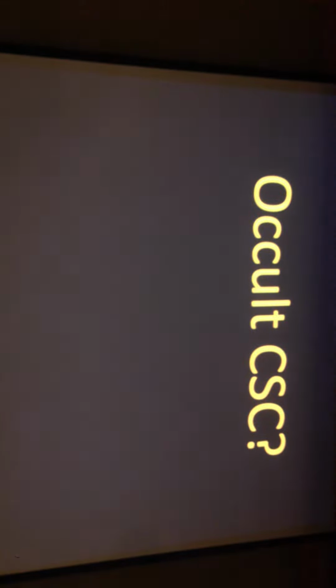Occult CSC maybe. That means a CSC without the subretinal fluid. So this was discussed in the retina community, and they thought that the word occult was not suitable because occult meant obscure or hidden from view, and this was not the case because there is no subretinal fluid.